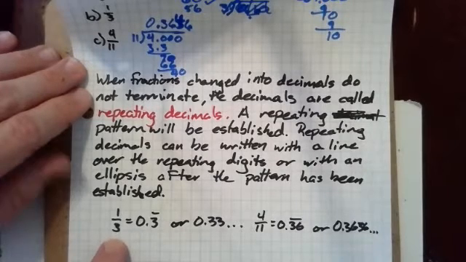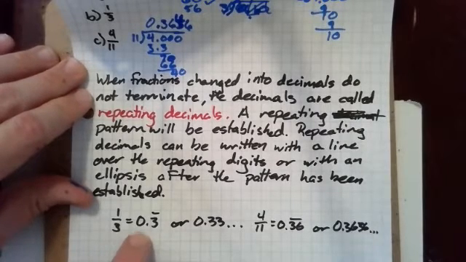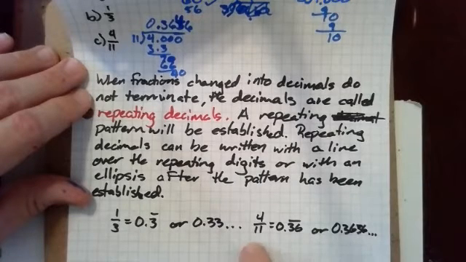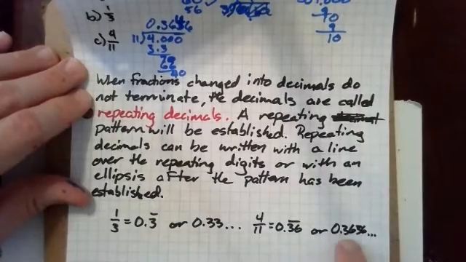So for example, with 1/3, we can write this as 0.3 with that repetition bar over it, or 0.33 and then an ellipsis, because it's just going to keep going like that. With 4/11ths, we can write it as 0.36 with the repetition bar over the 3 and 6, or 0.3636 with the ellipsis.